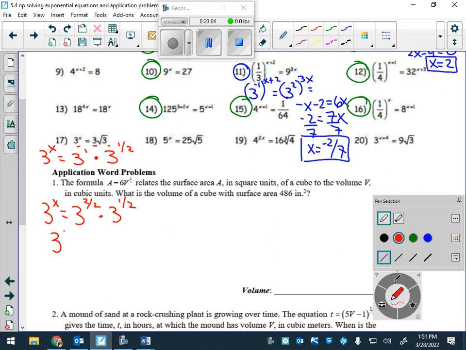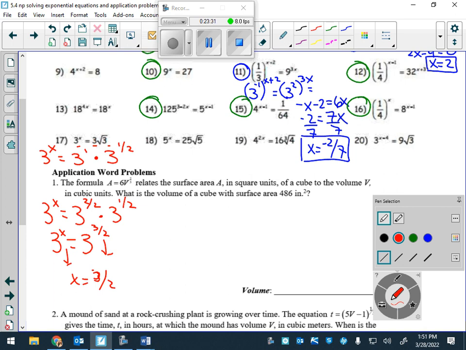So we have 3 to the x equals 3 to the 3/2. My bases are the same, so I could drop those exponents down. So it's everything we've learned in terms of exponent properties, but now we're taking it a step further by rewriting it with the same base.